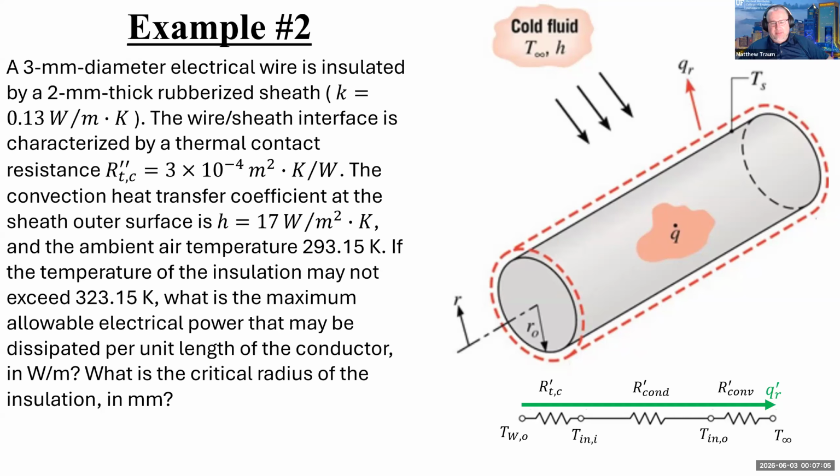So I've got my schematic here. This is a figure borrowed from the book, which I didn't actually use anywhere else, so I figured I could use it here. The inside wire is represented by kind of this gray cylinder, which is generating heat because it's got current running through it, right? So this is my generation term. And then this kind of outer rubber sheath is meant to be represented by this dotted line that looks an awful lot like a control volume.